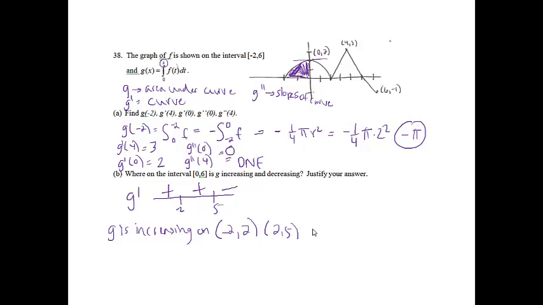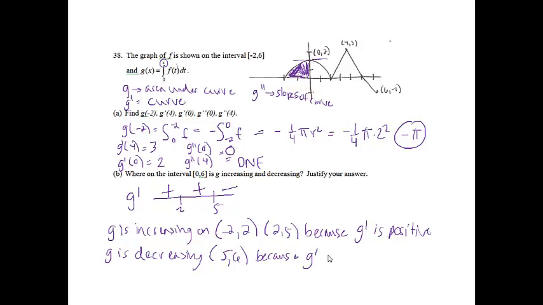So it's increasing on those intervals, and that would be because g prime is positive. And then we could say that g is decreasing on the interval 5 to the endpoint of the interval, which is 6. And that would be because g prime is negative.